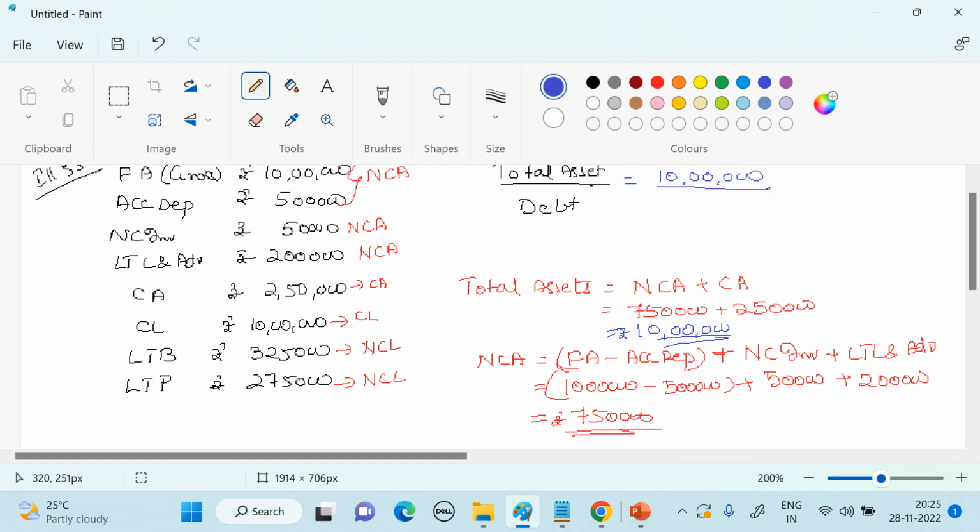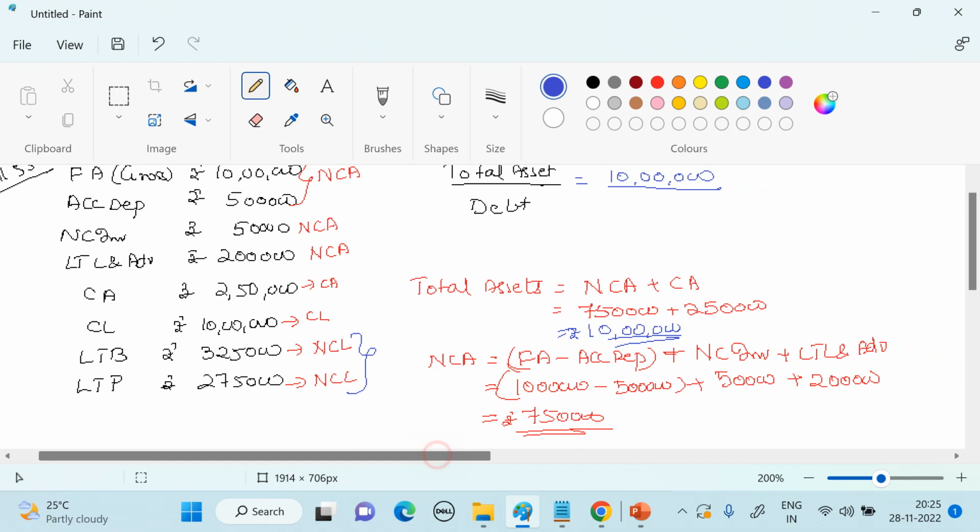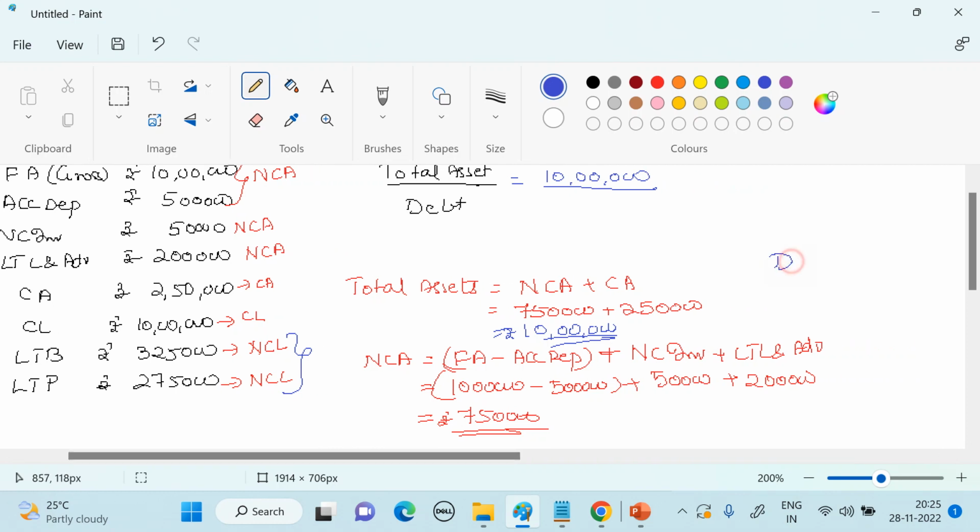Now, for the debt part, we know debt is the non-current liability part. So long-term borrowing and long-term provision. So how to calculate debt? Debt is long-term borrowing plus long-term provision. So long-term borrowing is 3,25,000 plus 2,75,000. So that comes to 6 lakhs.